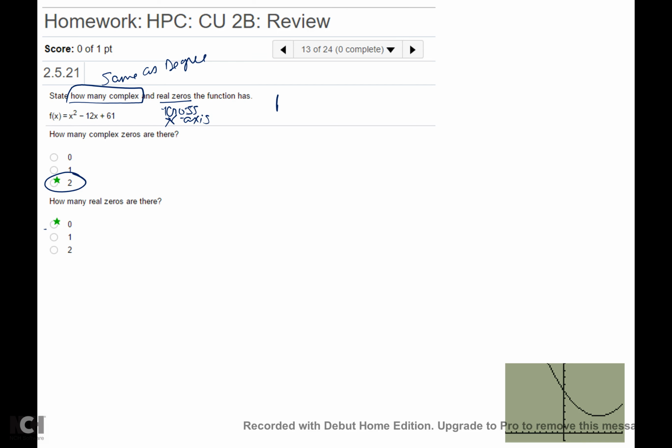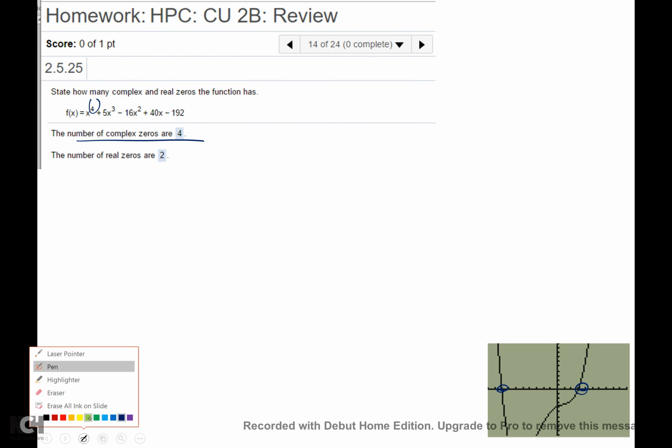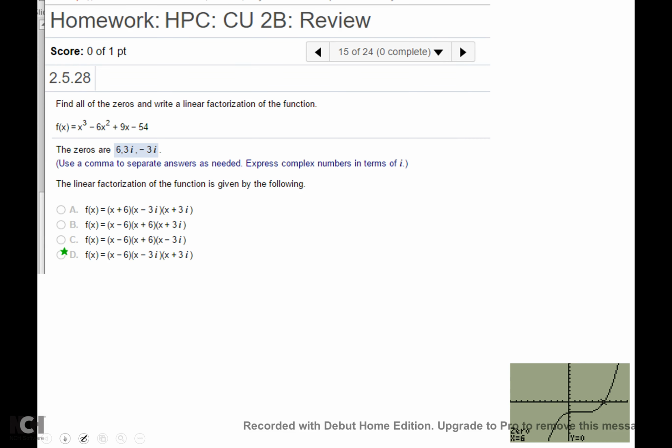It doesn't cross, so neither one of them is going to be real. Okay? So same with this one. Highest degree is 4, so number of complex zeros is 4. Look at the picture. It crosses twice. Here and here. So those are the only ones that are real. So 4 of them are complex, only 2 of them are real.